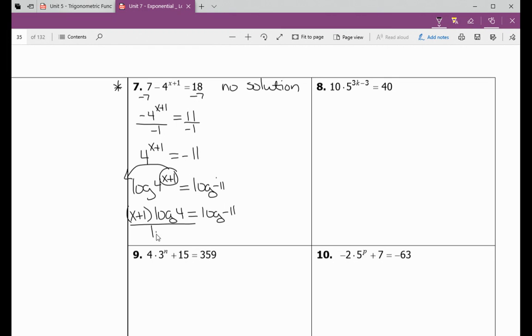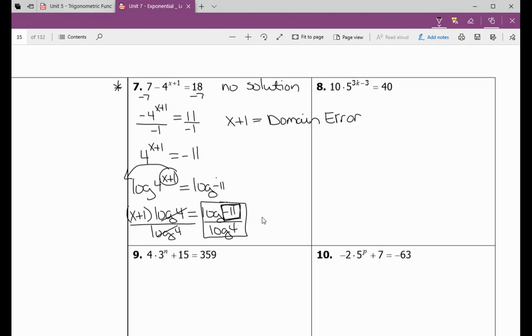And when you get to this point, when you go to divide both sides by log 4, you get x plus 1 equals domain error. When you try to type this in your calculator, it should give you the domain error message. The reason it does that is because this number can never be negative.